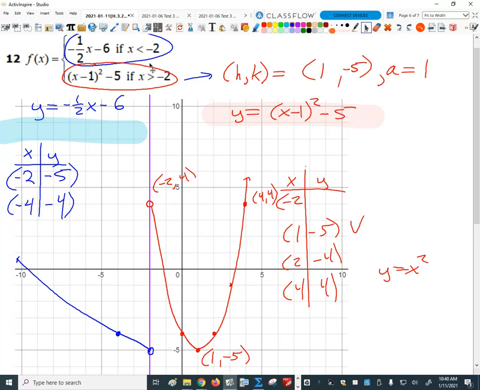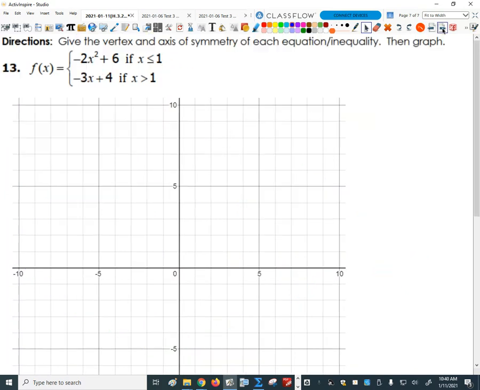Because when this group moves forward, in a couple of years in calculus, we're going to deal with some more complicated piecewise functions. And so this is sort of setting you up to deal with this type of an animal when we get there.